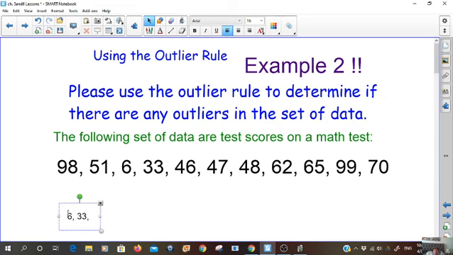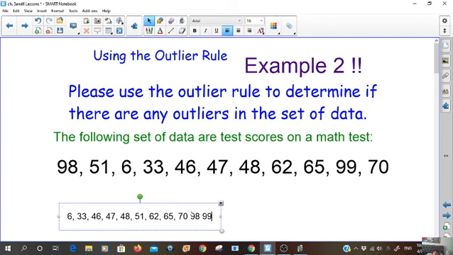And then 46, 47, 48, 51, 62, 65, 70, 98, 99. Forgot my commas.